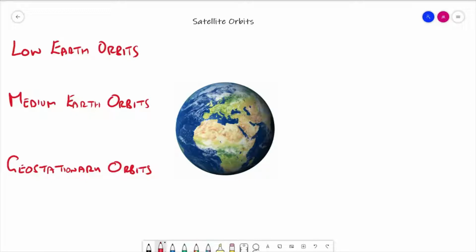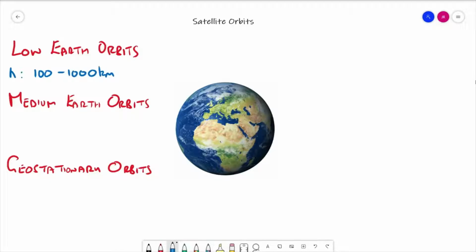Now, when it comes to low Earth orbits, we're talking about an altitude, a height above the Earth, of anywhere between 100 and 1,000 kilometres above the surface of the Earth.